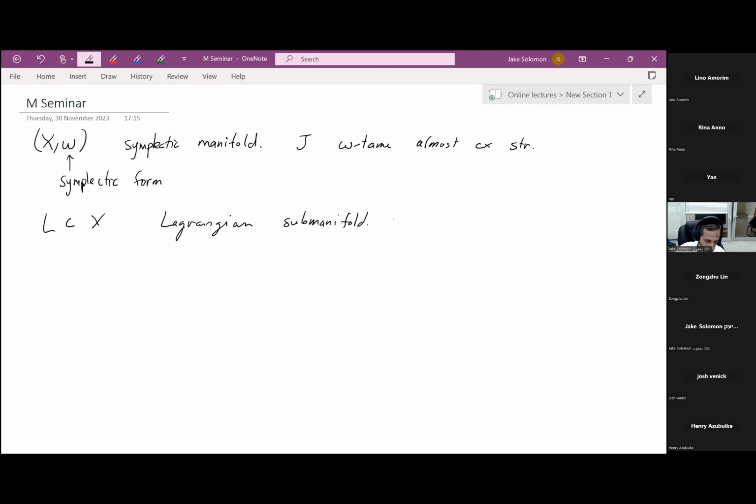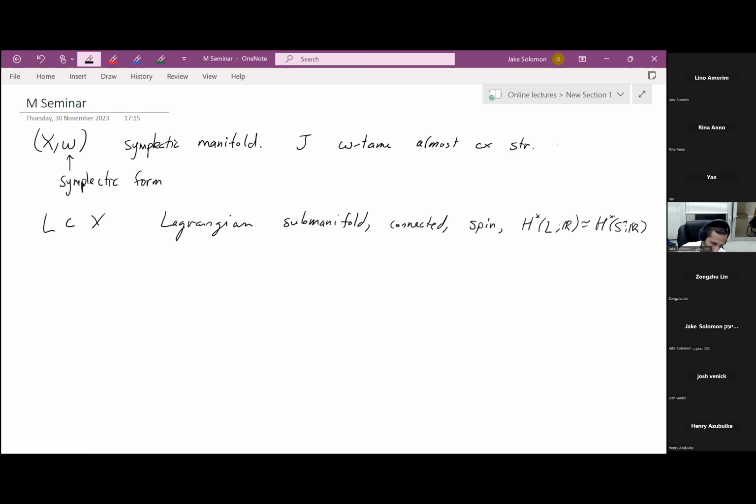So I'm going to assume for simplicity that L is nice, let's say connected, spin, with a specified spin structure, and also let's assume it's a cohomology sphere, so the real cohomology of L is the same as the real cohomology of the n-sphere.